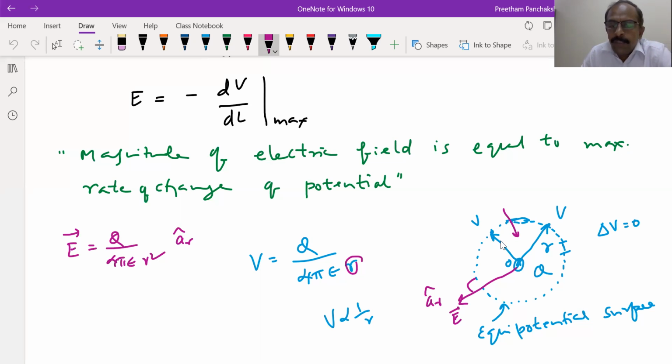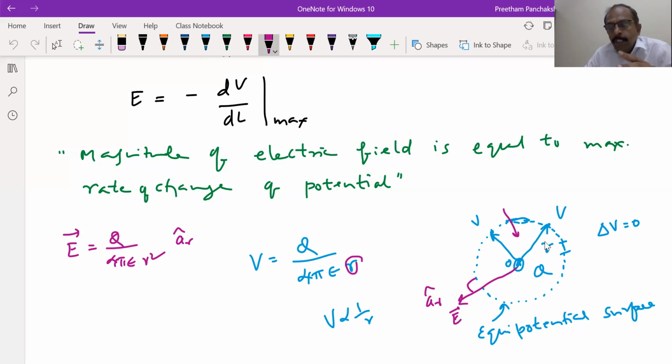So potential changes with respect to R in the direction of a cap R, or in the direction of electric field. So the maximum potential change, dV by dl max, happens in the direction of electric field only. That is opposite to the electric field, and that is perpendicular to the spherical surface.